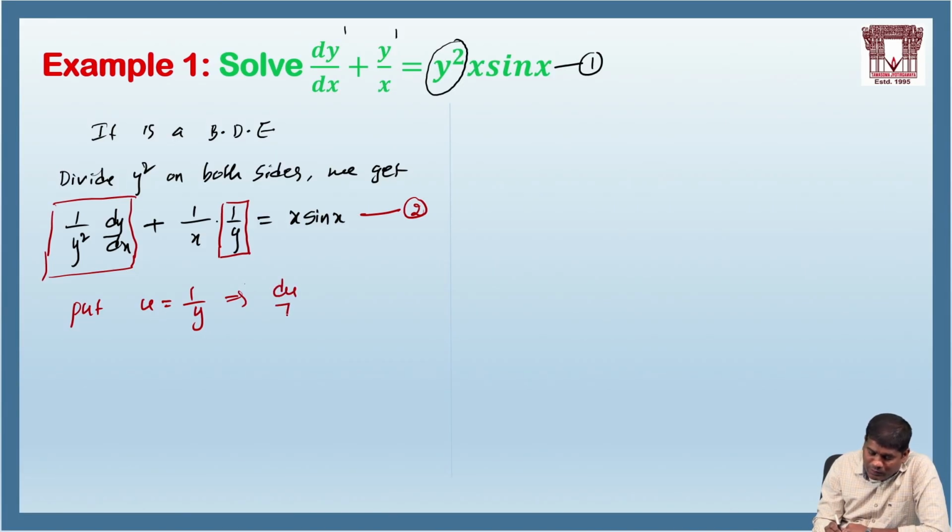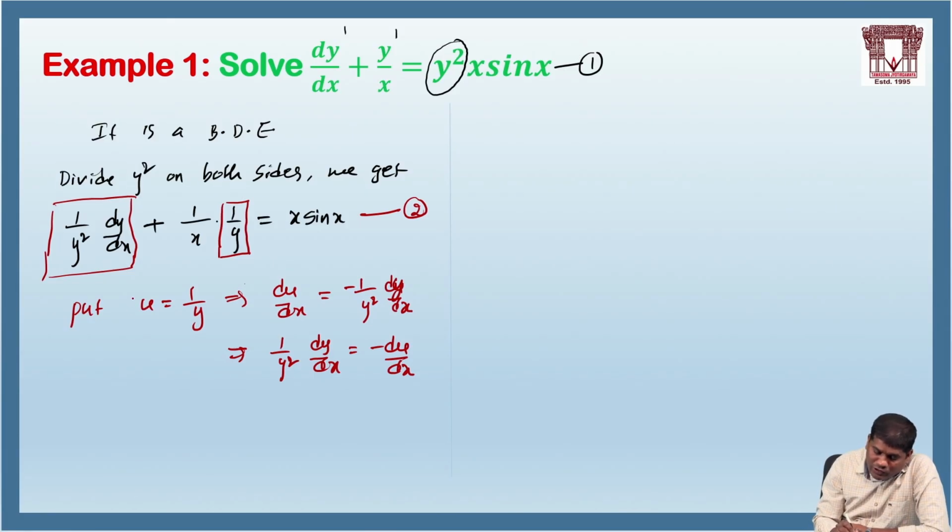Then du by dx is equal to derivative of 1 by y, which is minus 1 by y square into dy by dx. Then that implies 1 divided by y square into dy by dx is equal to minus du by dx.